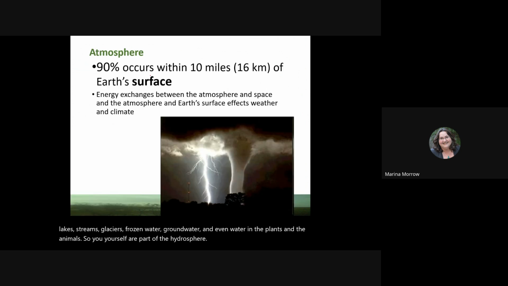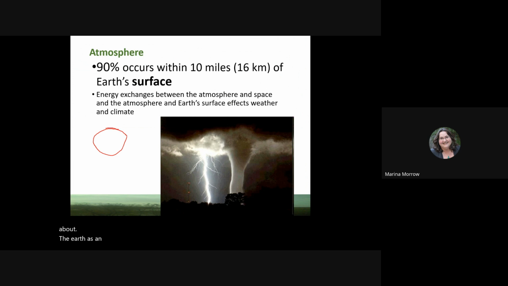The atmosphere is fairly thin. It covers the whole Earth's surface, but it's only within about 10 miles that most of the atmosphere is, about 90%. So it's kind of a thin layer on the Earth. If you think about the Earth as an apple, the atmosphere would be the skin on the apple.